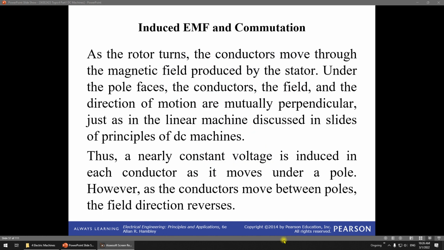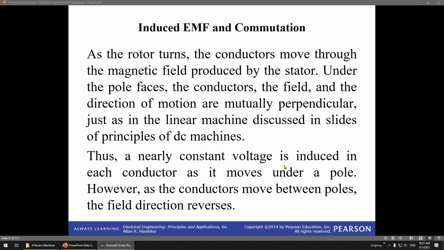Next is the induced EMF and the commutation. As the rotor turns, the conductor moves through the magnetic field produced by the stator. Under the pole face, the conductor, the field, and the direction of motion are mutually perpendicular, just as in the linear machine discussed in the slides on the principle of the DC machine.